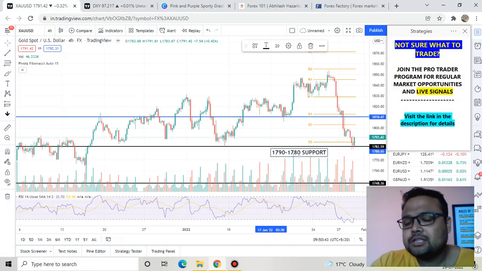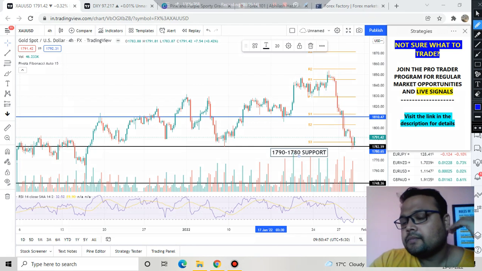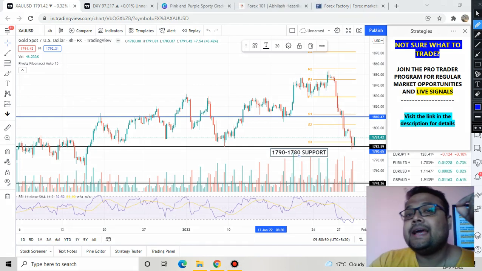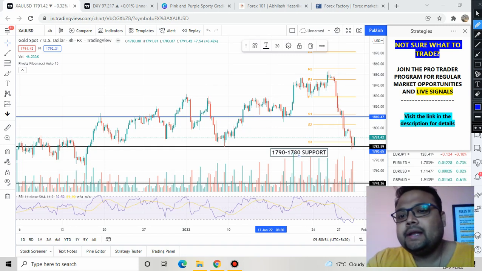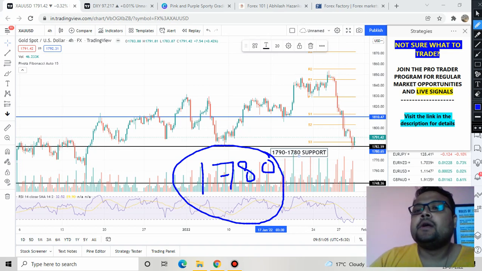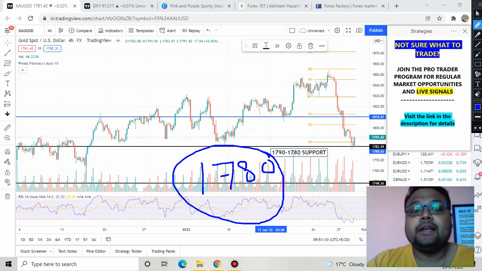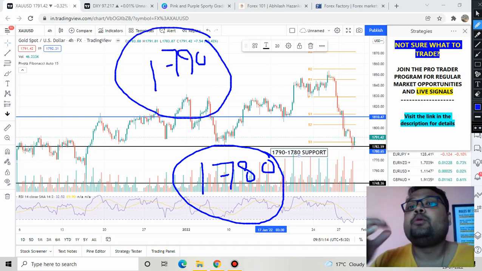Now let's talk about the chart of gold here. So if dollar breaks the 97.40 level and starts flying again, then definitely gold will break the level of 1780. 1780 will be gone and you can easily take a sell position below 1780 level, because yesterday we saw that when there was heavy fall in the market, even 1790, which was a very important level for gold, failed to provide support to the market.